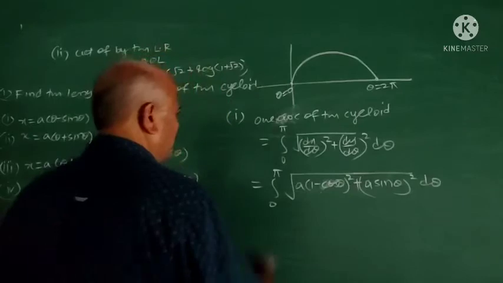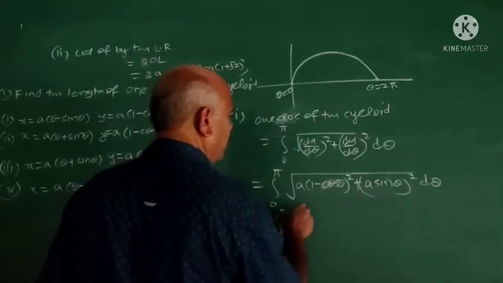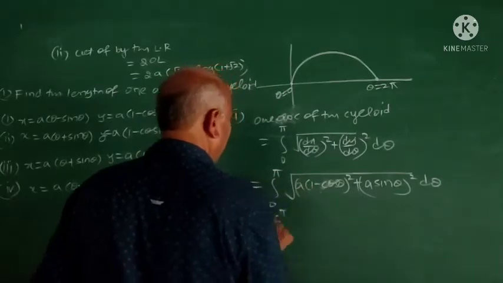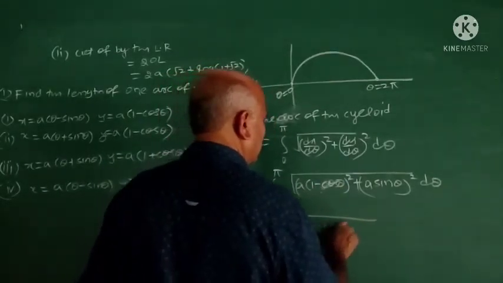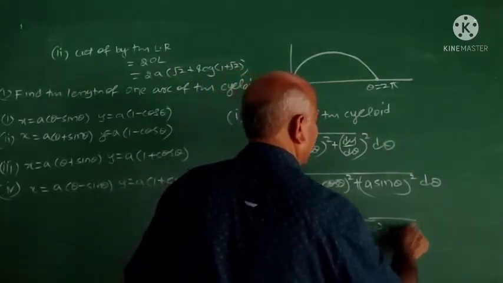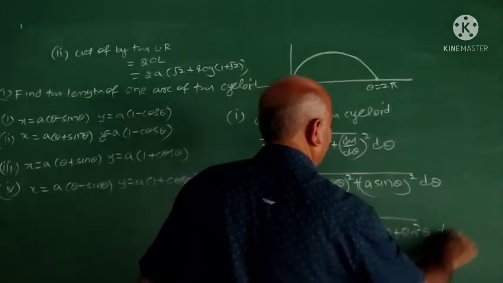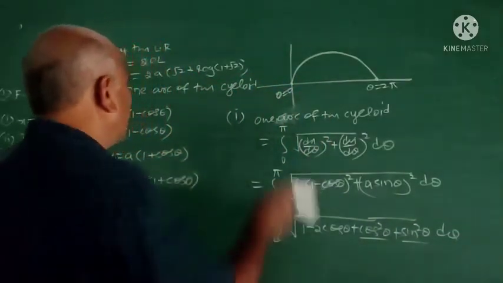Yes. What is dx by d theta, dy by d theta? It is the integral from 0 to pi, a common, square root of 1 minus 2 cos theta plus cos square theta plus sin square theta. I have taken a already common. What is cos square theta plus sin square theta? 1.